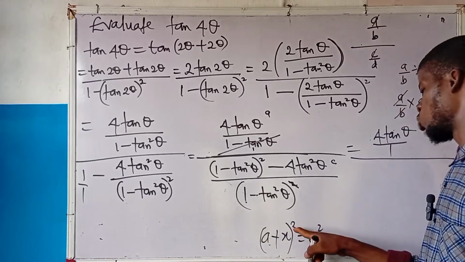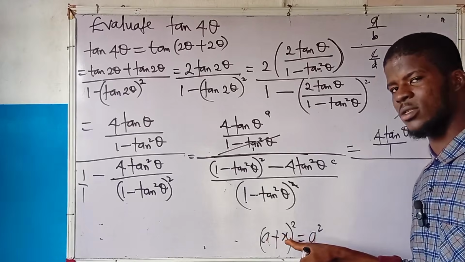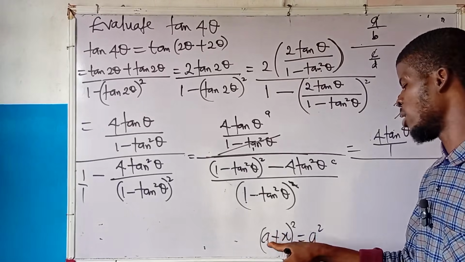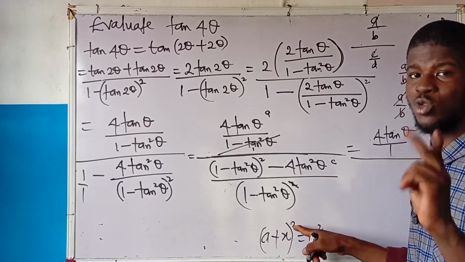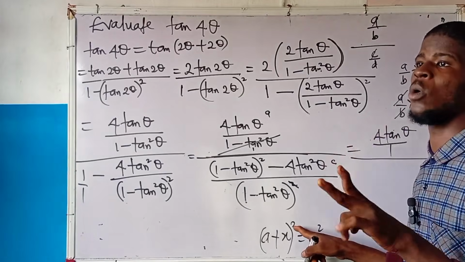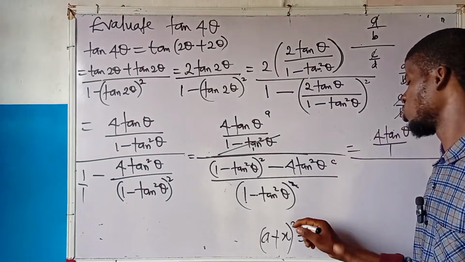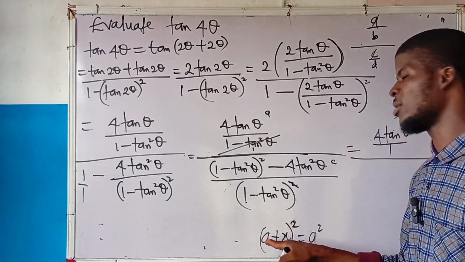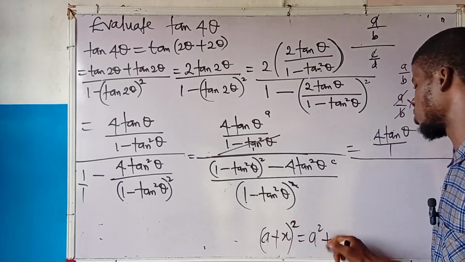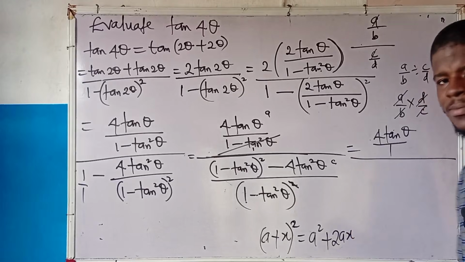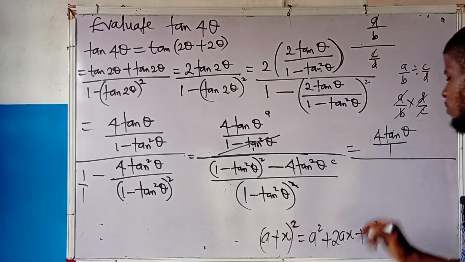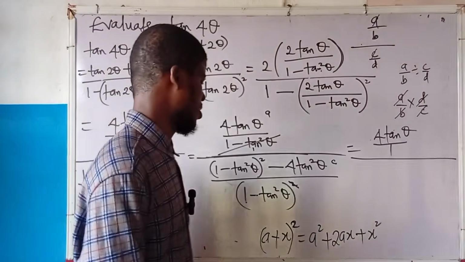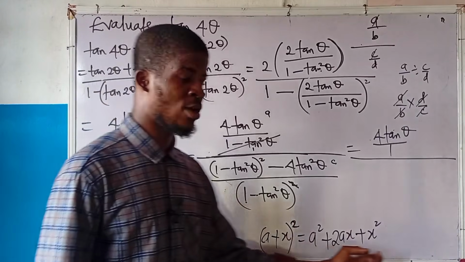I will say 2 times A times X. This one, I squared A the first time. I got this. Then I'll use the power here, which is 2. It must be 2. If it is 3, it's not going to work. It must be raised to power 2. So use the 2 here to multiply A and to multiply X. You're going to get 2AX. Then do X squared. That will be what? X squared. So if I expand A plus X all squared, this is what I'll get.